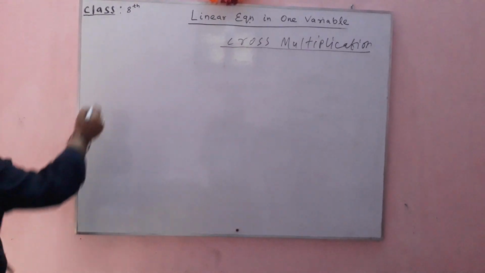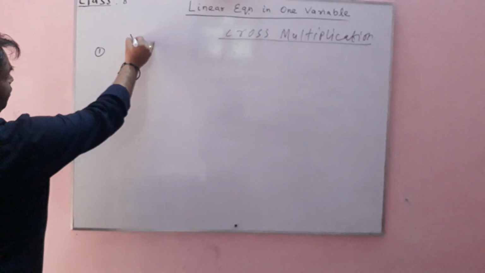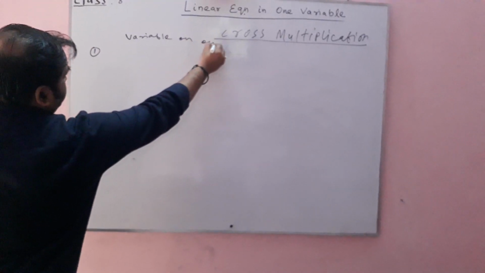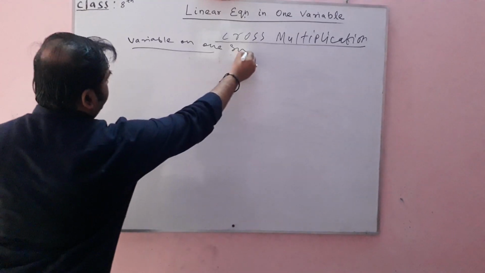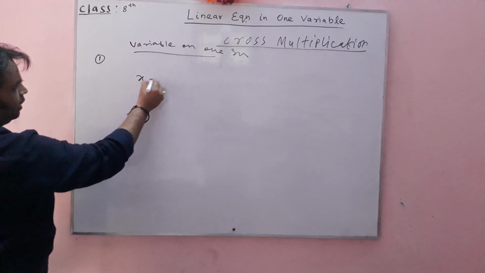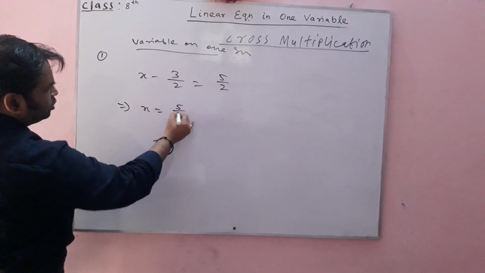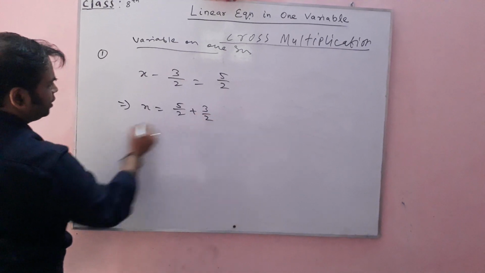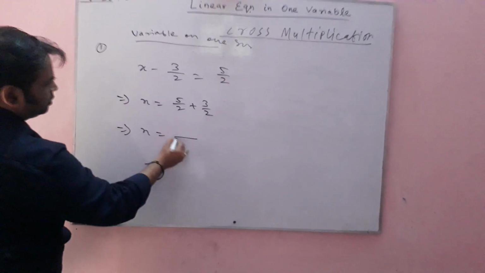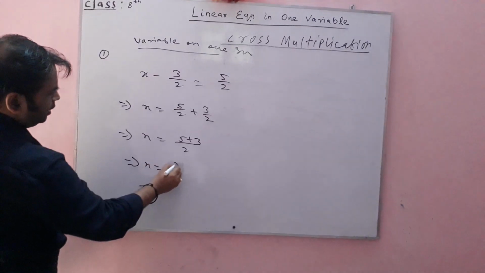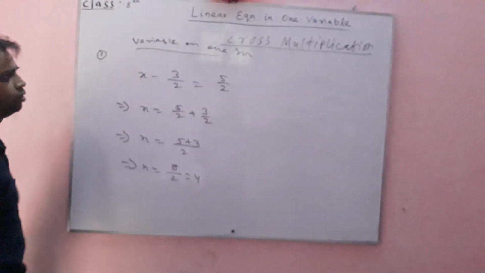See here, variable on one side: x minus 3 by 2 is equal to 5 by 2. So x is equal to, that minus 3 by 2 goes to the RHS, 5 by 2 plus 3 by 2. So the value is 5 plus 3, that is 8 by 2, which is 4.